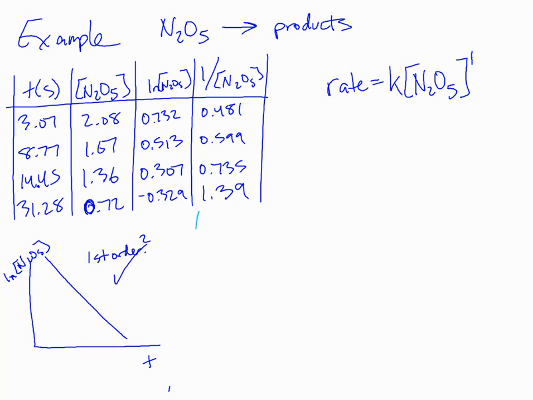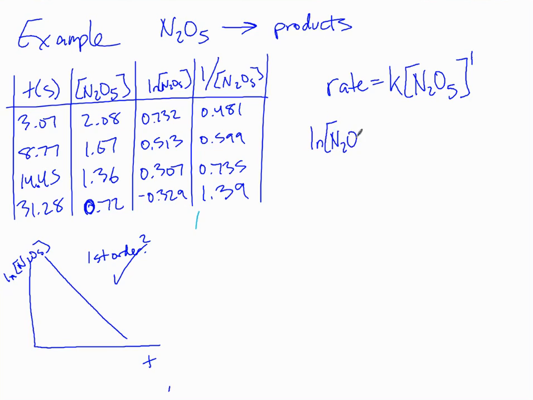Then it says write the integrated rate law. And so this one's on the AP formula sheet. The only thing we have to do is be careful not to write concentration of A. We need to write concentration of N2O5. So I'm looking at my formula sheet, and I know that this is the natural log one.